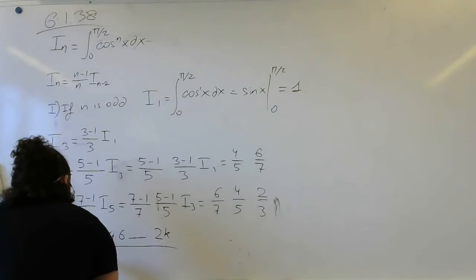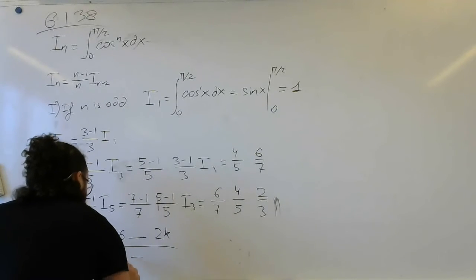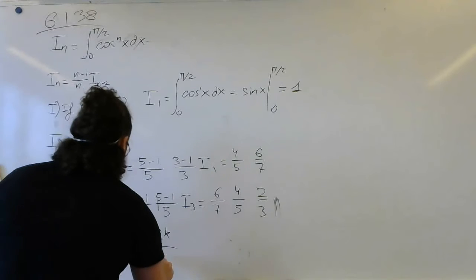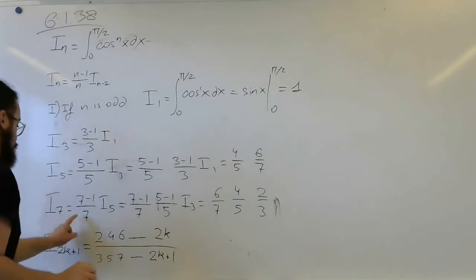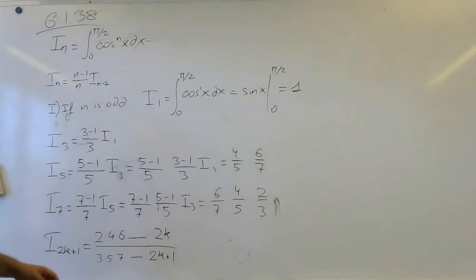And here we have 3 times 5 times 7 all the way to 2k plus 1, which is this number over here.